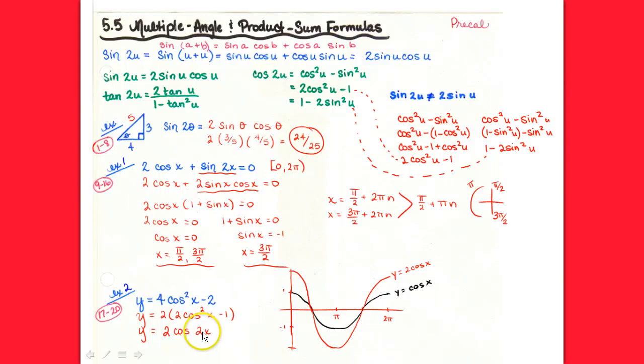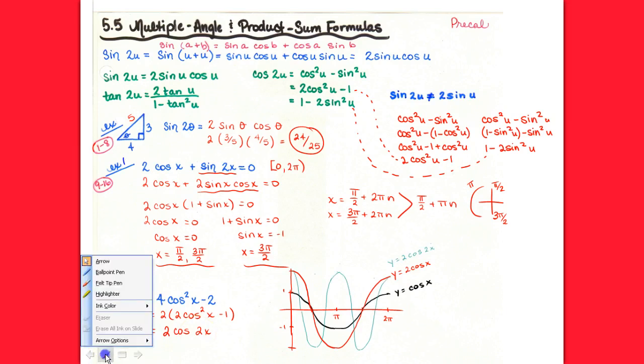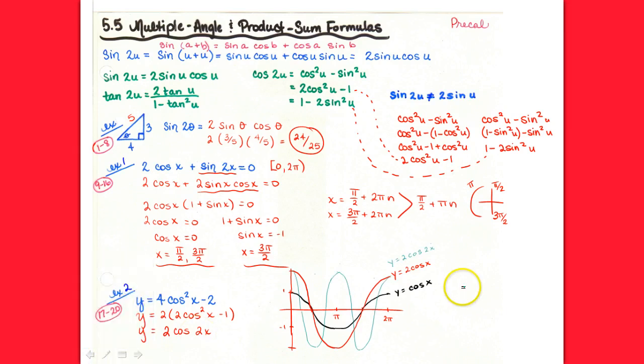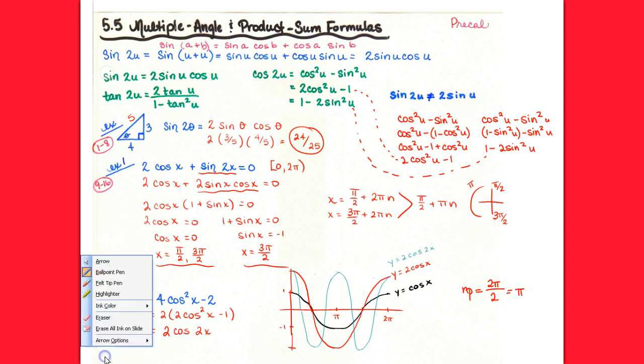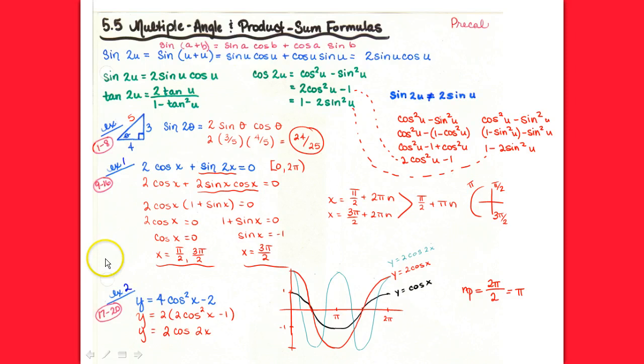All right. Then what's this 2 going to change? The period. So remember that our new period is going to be the original period divided by the b value. So that means that our new period is going to be 1 pi. So that means that I have to be done drawing this entire red curve by the time I get to pi.